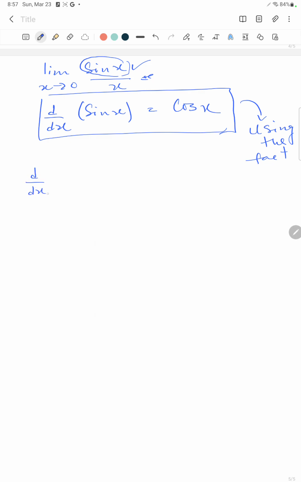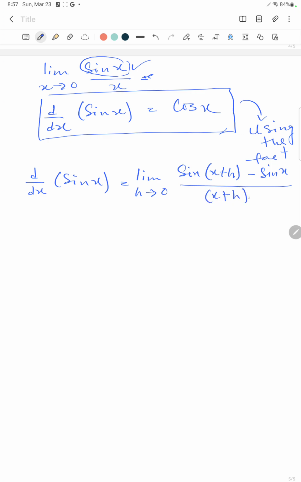What is the derivative of sine x by definition? By the definition of derivative, this will be limit h tends to 0 of sine of (x plus h) minus sine x by (x plus h) minus x. So essentially that is limit h goes to 0 of sine of (x plus h) minus sine x by h.